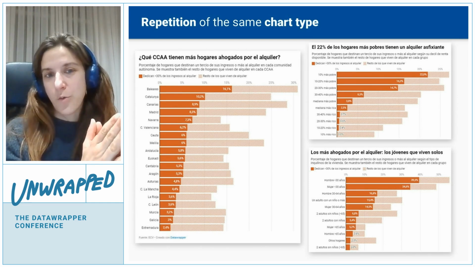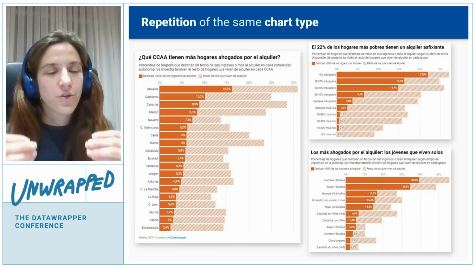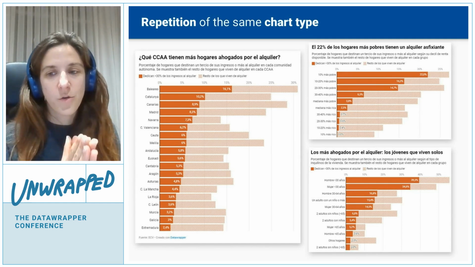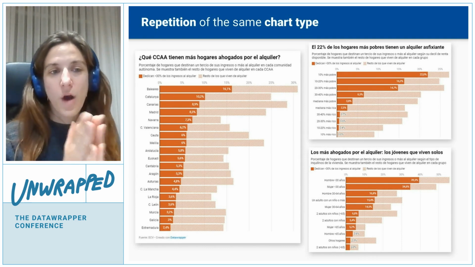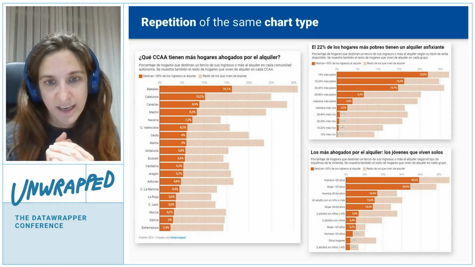So we use this style of chart and we were repeating it through all the article: the percentage of people who had problems paying the rent, but also the rest of the people who were renting.